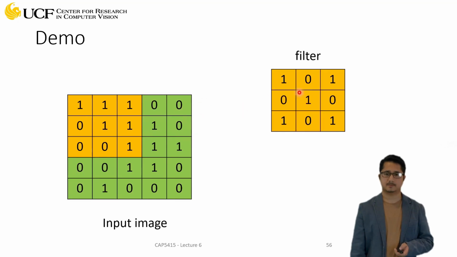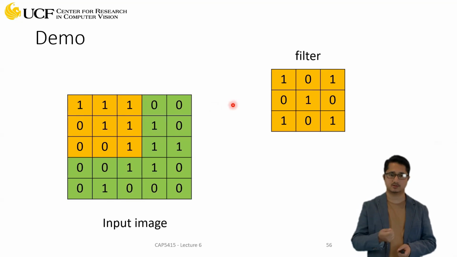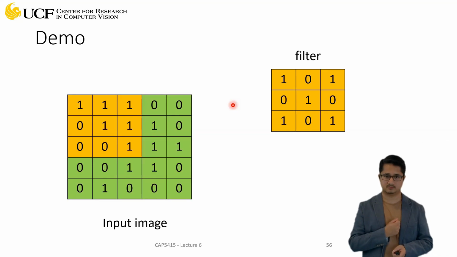So in this case, if we try to use a filter like this, if you try to visualize what this filter represents, it's simply a cross. Ideally, if you use this filter over this input patch, it will give you an activation map, which will represent at which locations you are able to find these crosses in the input image patch.